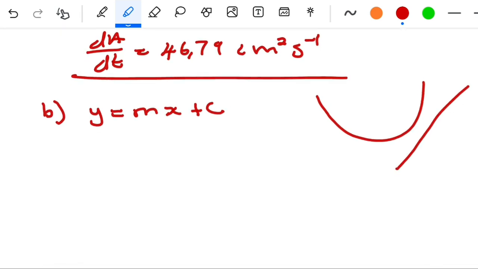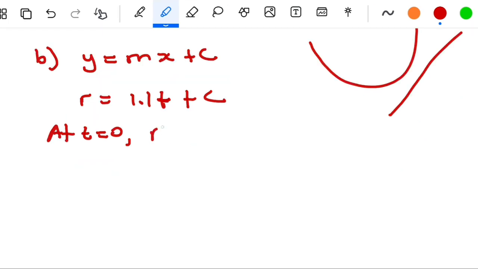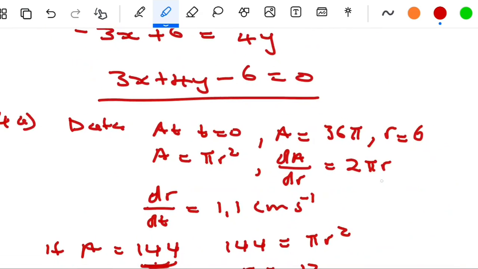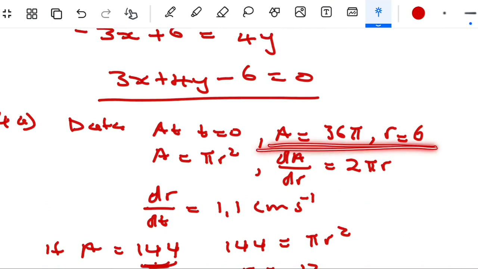So what you need now to figure out is the relationship between r and t. So r equals the gradient, which is 1.1 t plus c. At t equals 0, r equals 6. It comes from our data here, because if A is 36 pi, it simply means that area is pi r squared, so that r squared is 36, so r is 6.